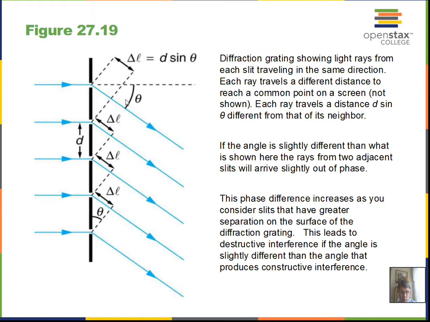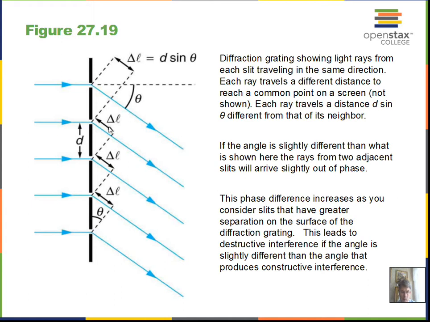If we would choose an angle slightly different than this theta that produces the maximum, then d sine theta would no longer be one wavelength. It would be off a little bit, and there'd not be as total constructive interference as there was before.